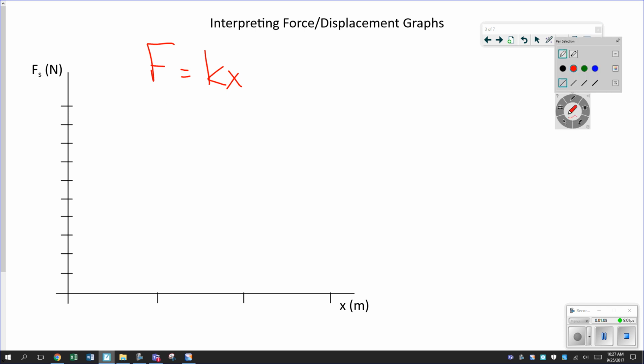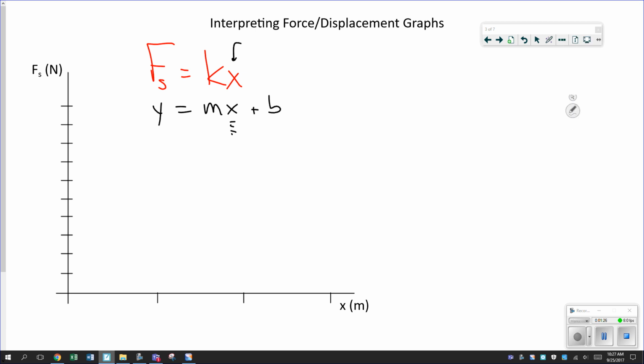So that relationship, when we graph it, is linear. You'll notice this looks a lot like y equals mx plus b, and I don't just mean because these are both x's. That's a coincidence. This is also an x, but it just happens to be what we call displacement for a spring.